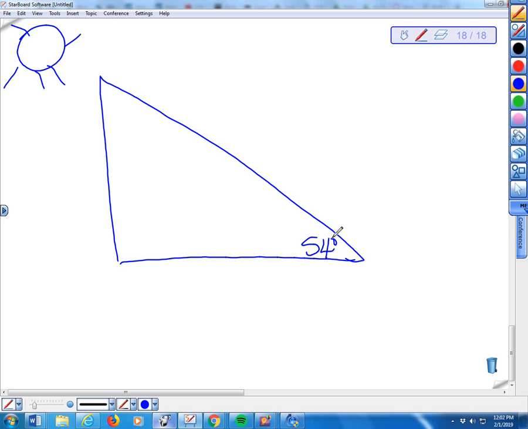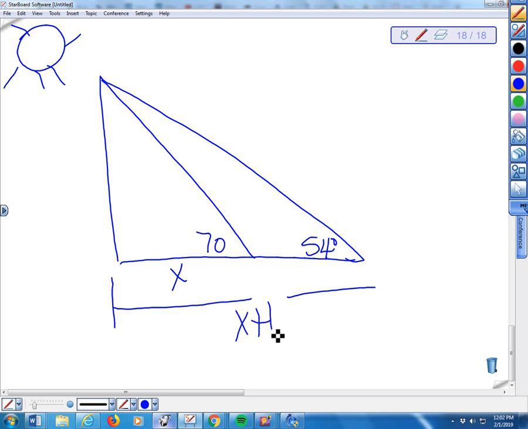The shadow is found to be 15 meters longer than when it is at 70 degrees. So here is at 70. Here's the shadow at 70. The shadow here is x plus 15. It's 15 meters longer than it is here. Okay? And it wants to know the height.